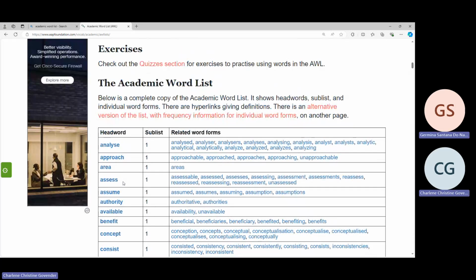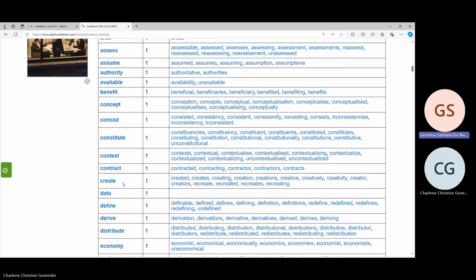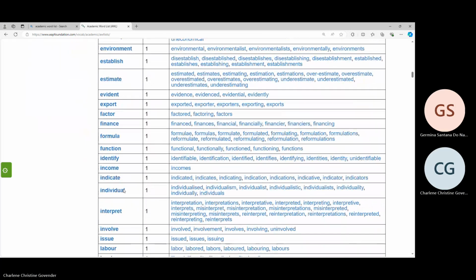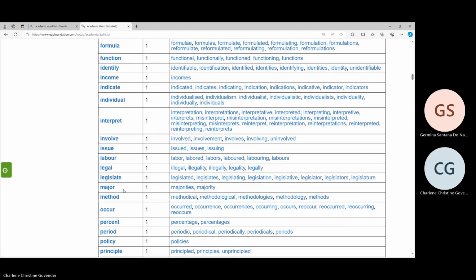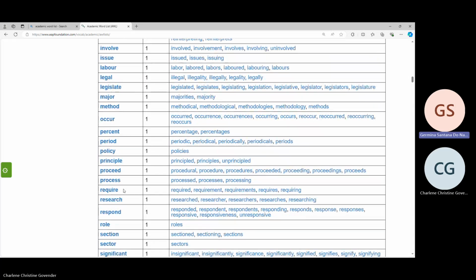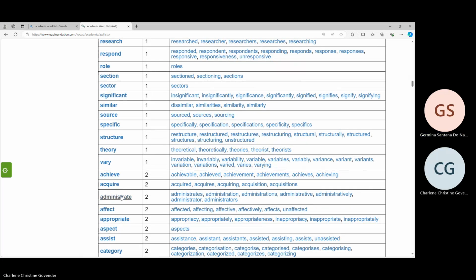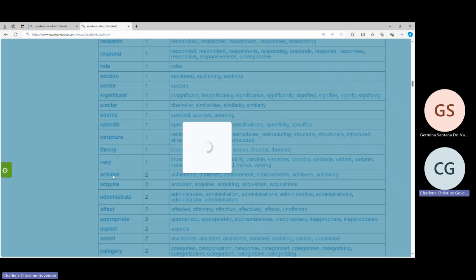So analyze, approach, okay, assess. Achieved. Okay, so I would say if we were to go with achieve, because let's look at achieve, what it means, okay?